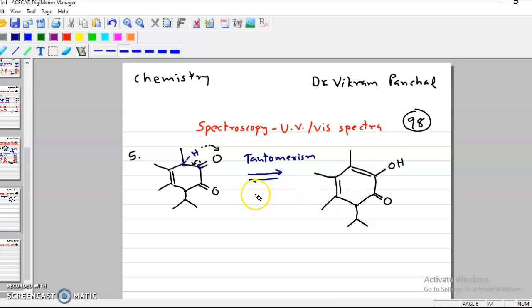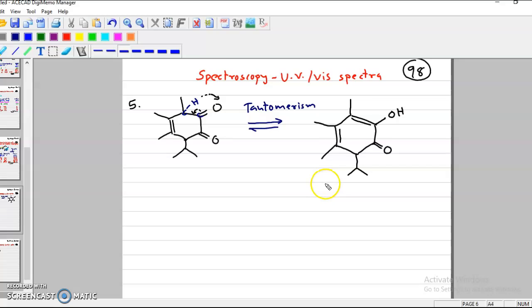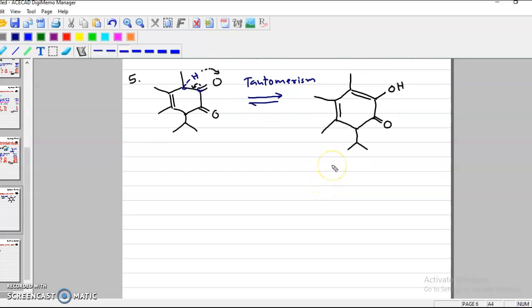Okay, so now we consider this compound, and in this compound there is a system. Which one is the system? C double bond O, C single bond C, and then C double bond C. So this is our enone system. And in the enone system, this double bond is in the ring.